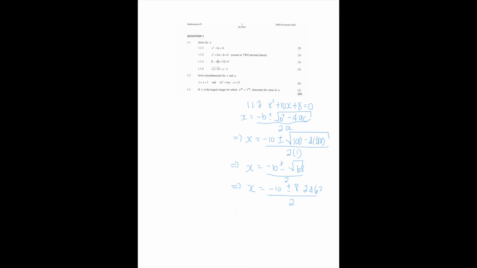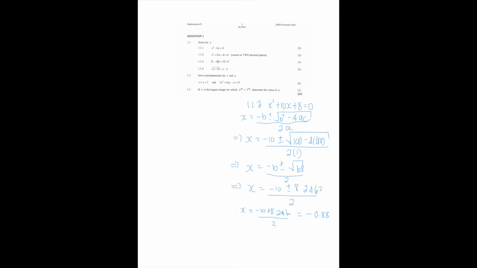Therefore, we can say that x is equal to minus 10 plus 8.246 over 2, which is equal to negative 0.88. So perform the calculation in your calculators.